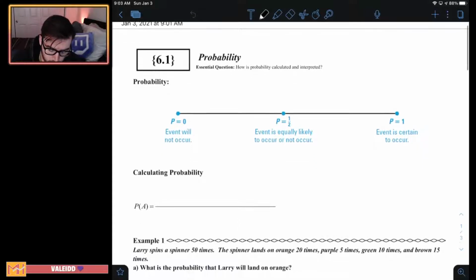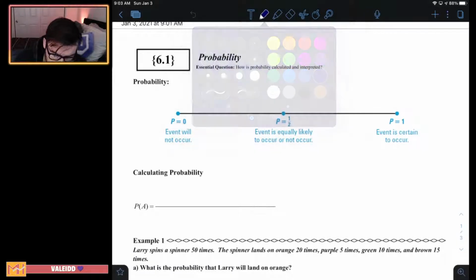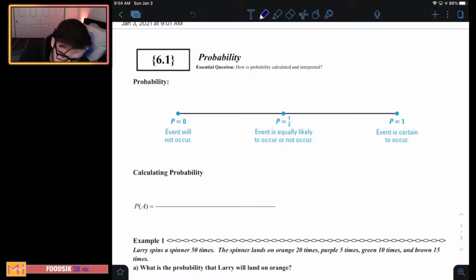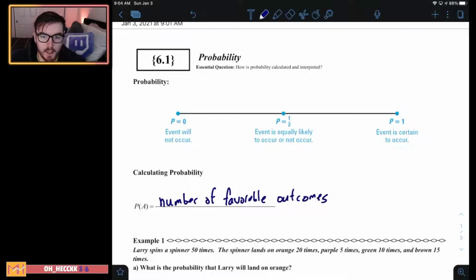So let's do this. So what is probability? Probability, if you were to define it in words, is the number of favorable outcomes. Favorable meaning like, that's the outcome that we want. We want to roll a 5 if we're talking about dice.